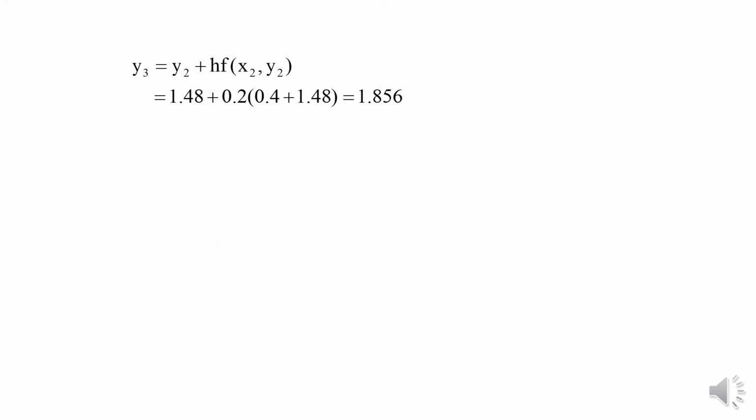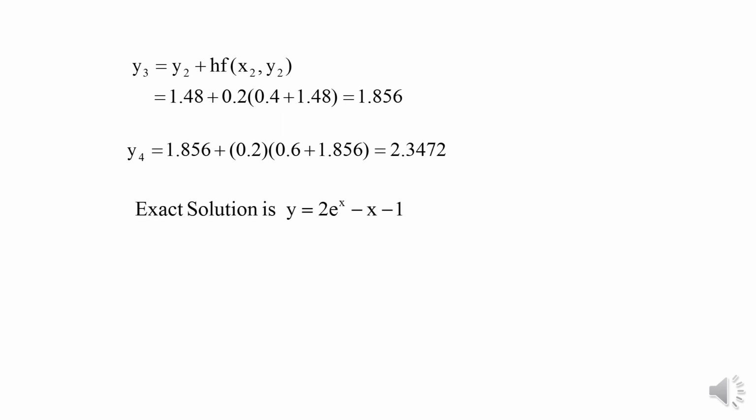Now y3 is y2 plus h f(x2, y2). y2 is 1.48, h is 0.2, and f(x2, y2) is x2 plus y2, so the value of y3 comes to 1.856. Now in a similar manner we calculate y4, and the value comes to 2.3472. Now we see the exact solution is 2e to the power x minus x minus 1.